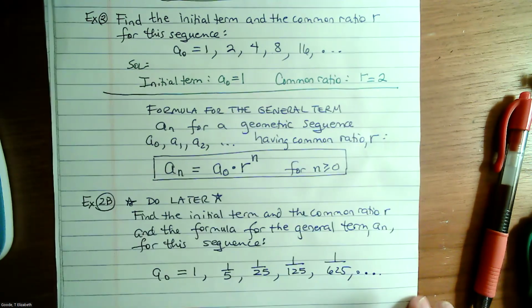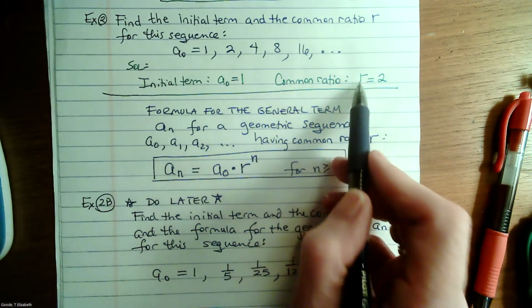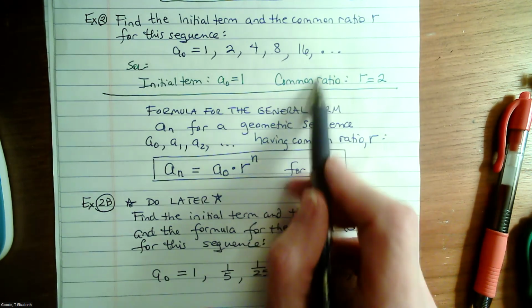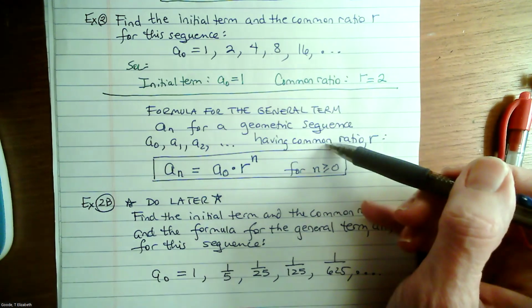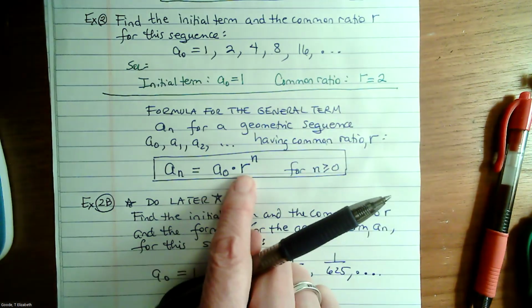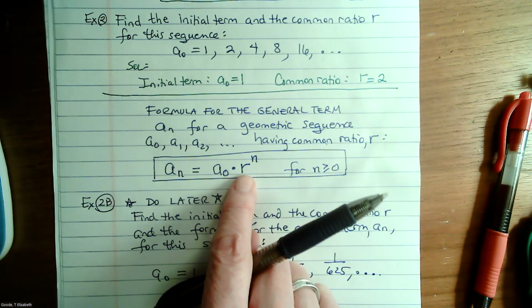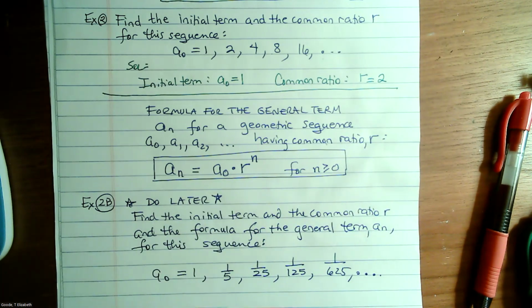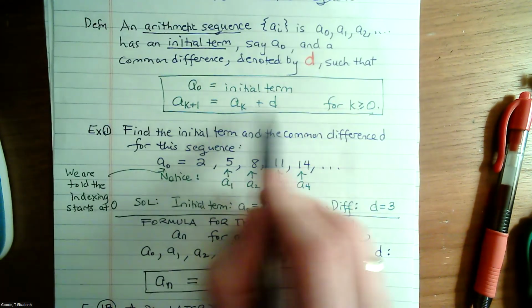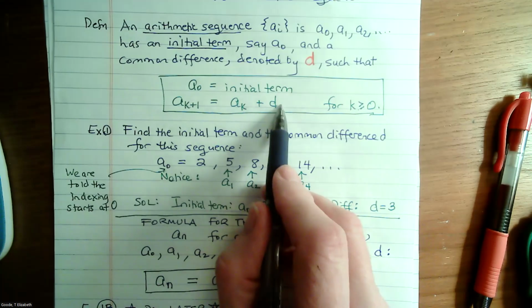So you might have been wondering, why do we call this R a common ratio? Because a ratio is usually when we've got something over something, we're dividing something by something. But here we're not dividing, we're multiplying. And why do we call the common difference a common difference when we're adding it instead of subtracting it?